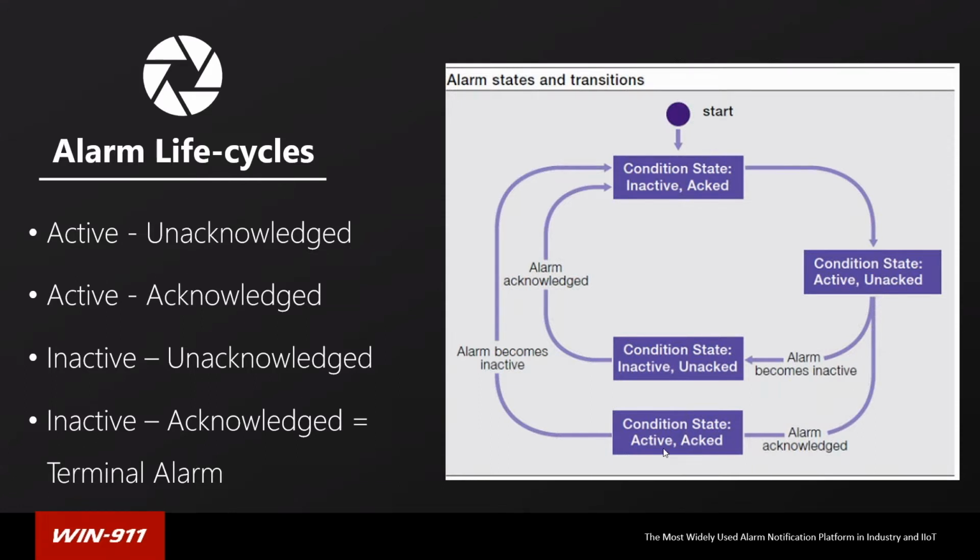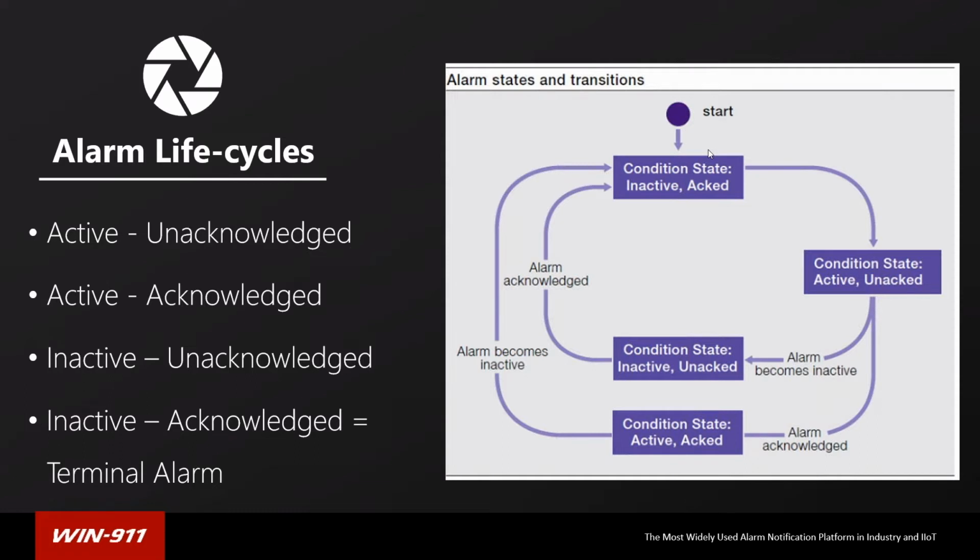And in a perfect world, that's how it works. When WIN-911 sends out a notification, the operator receives that remote notification and acknowledges it, so it changes its alarm state to an active acknowledged alarm. And then the operator clears it and it becomes inactive, completes its life cycle, and becomes a terminal alarm at this point: inactive, acknowledged.